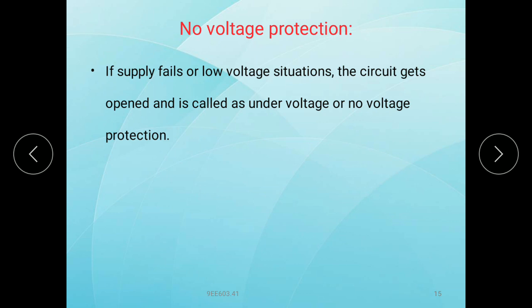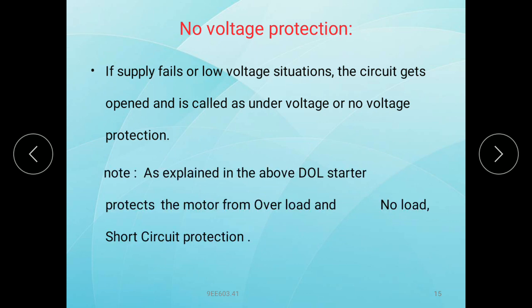For no voltage protection, if supply fails or in a low voltage situation, the circuit gets opened, and it is called under voltage or no voltage protection. Note, as explained in the above DOL starter, it protects the motor from overload, no voltage and short circuit.